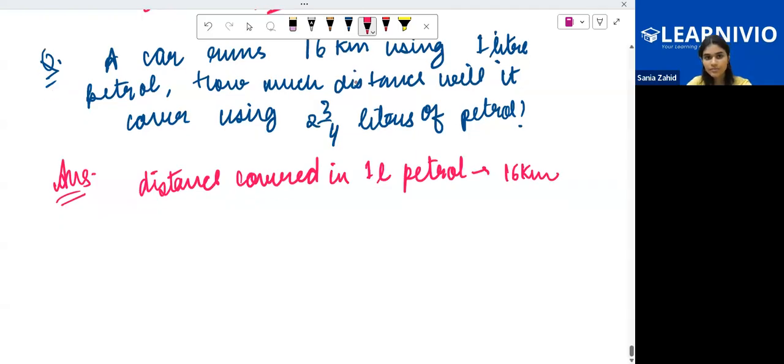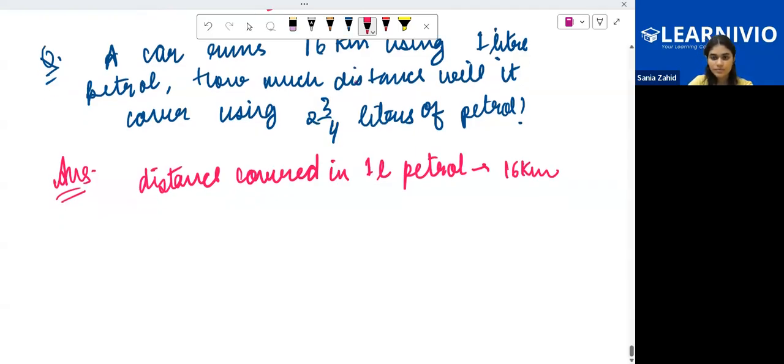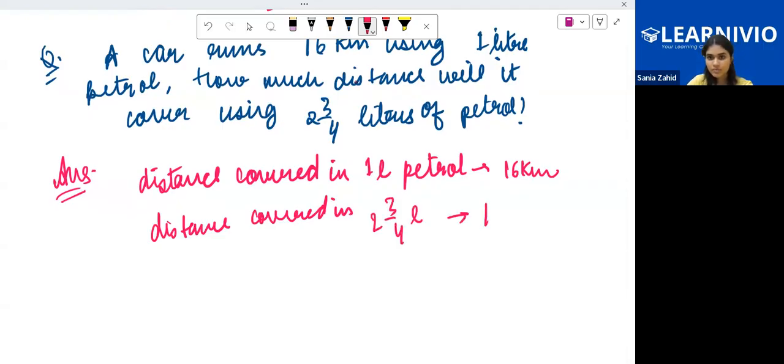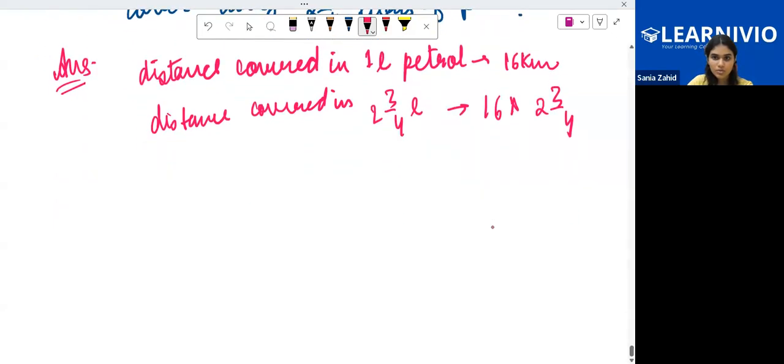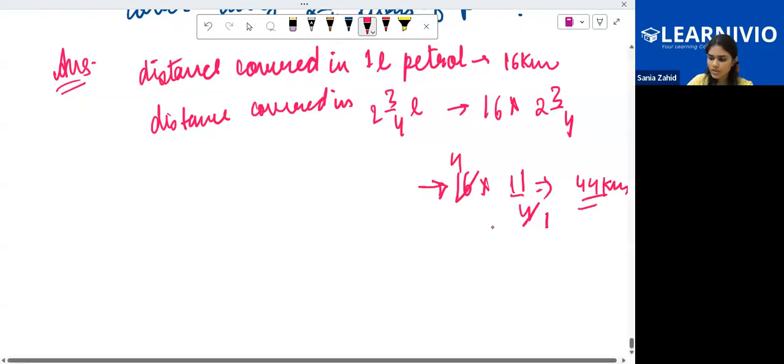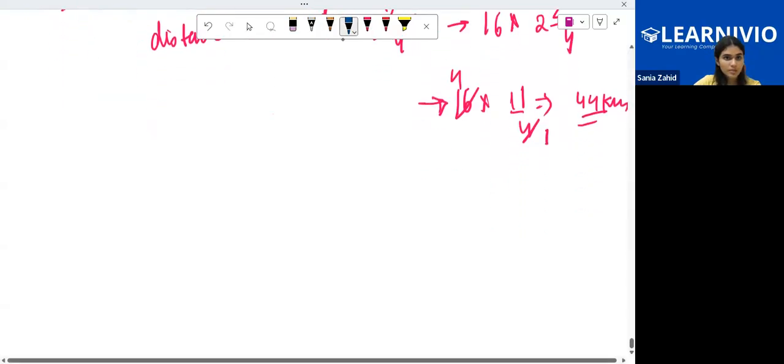Then the distance it will cover in 2 3 by 4 liters of petrol is equal to 16 into 11 by 4. Okay, solve it. 16 into 11 by 4. It will be 44 kilometers. Is this what you're getting? Yes, ma'am. Okay.